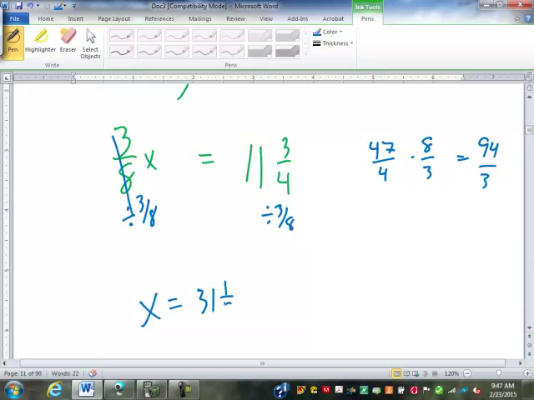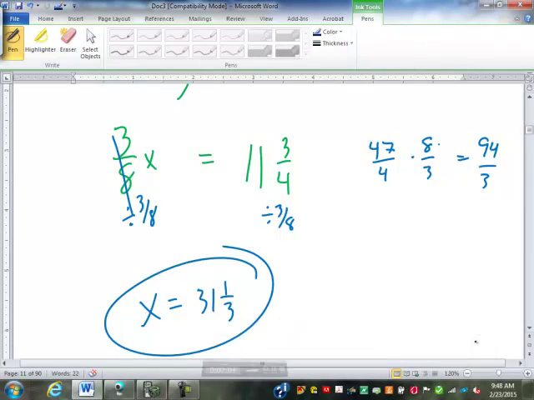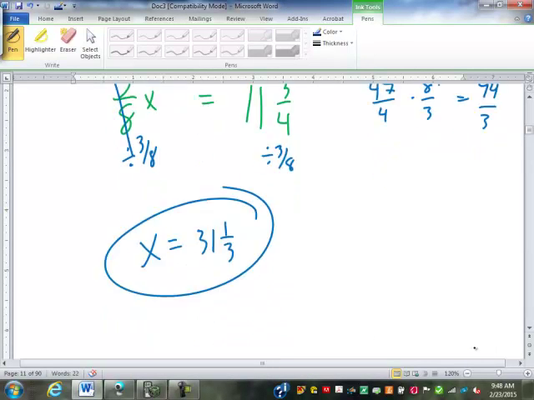Is that correct? So 11 3/4 divided by 3/8. 31 1/3. Good.